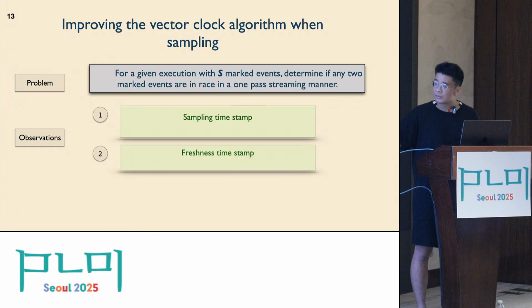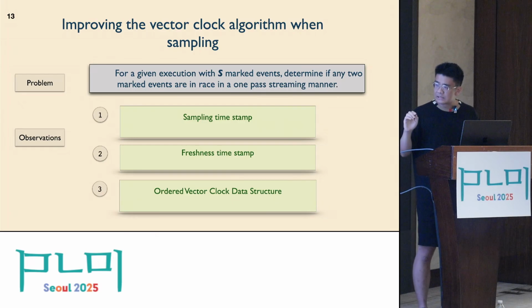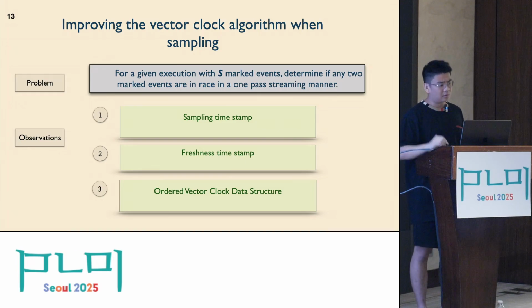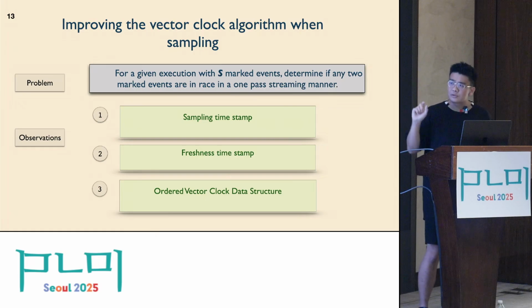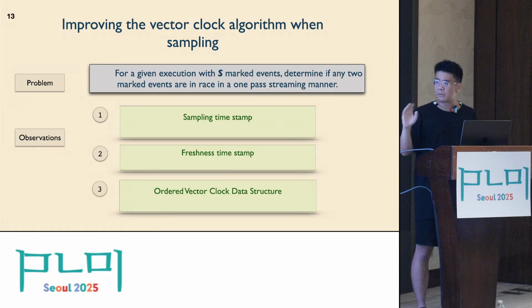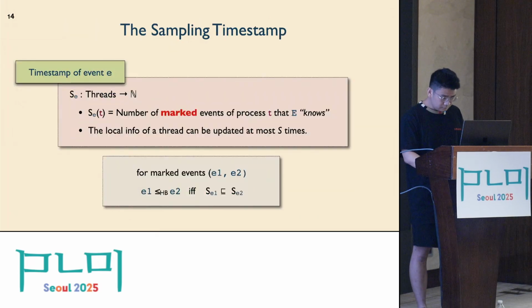So our second observation says that we can avoid these redundant communications via something called the freshness timestamp. And finally, we also notice that even when a communication cannot be fully avoided, we can avoid it partially if we enhance the vector clock data structure with some ordering information. And the major contribution of our paper is a formal analysis on how to combine and apply these optimizations so that we can achieve a better running time complexity.